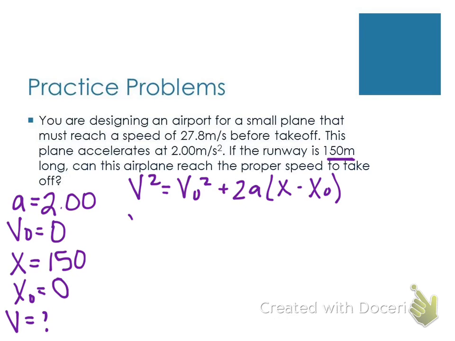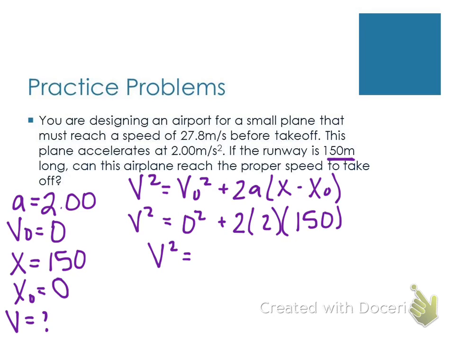Okay, we're solving for V squared, so that's going to stay put. V sub O squared is just 0. 2 times 2 times 150. Combining this term right here, we should have 600. So how do we get V by itself here?